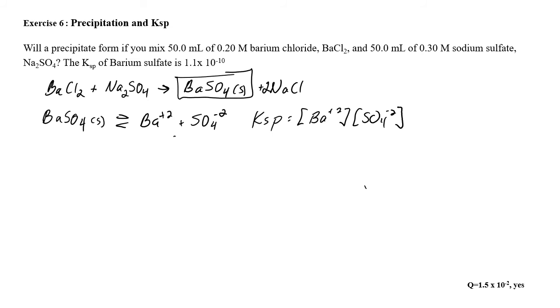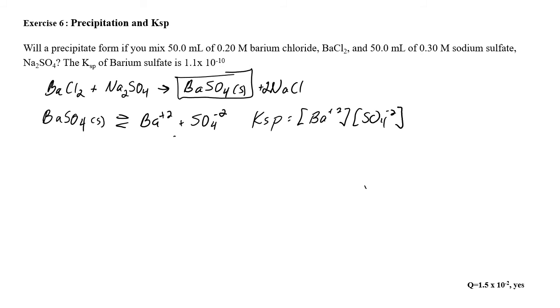So remember, where we're heading with this is we need to calculate the new concentrations of each of the ions to get Q to compare to K to determine what direction the equilibrium shifts. And that will tell us if a precipitate forms.